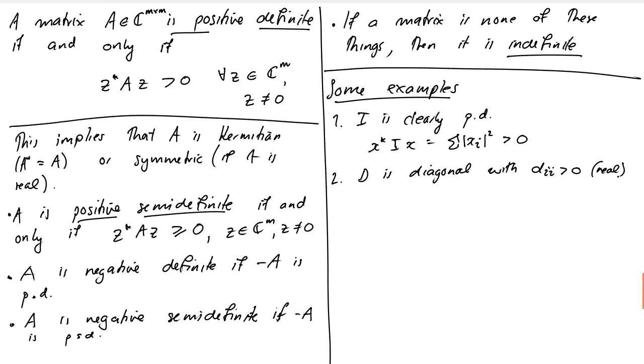Okay, if it's greater than 0, it's obviously real. Well, let's have a look at that. Z star Dz. What is that equal to? Well, I'll do this one out in a little bit more detail. Z1 bar, Z2 bar, up to Zm bar, times D, times Z1 through Zm, no bars.